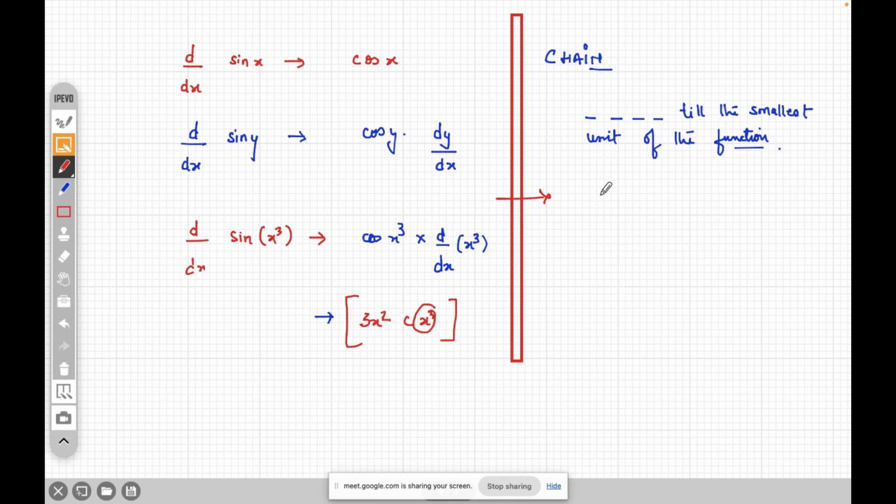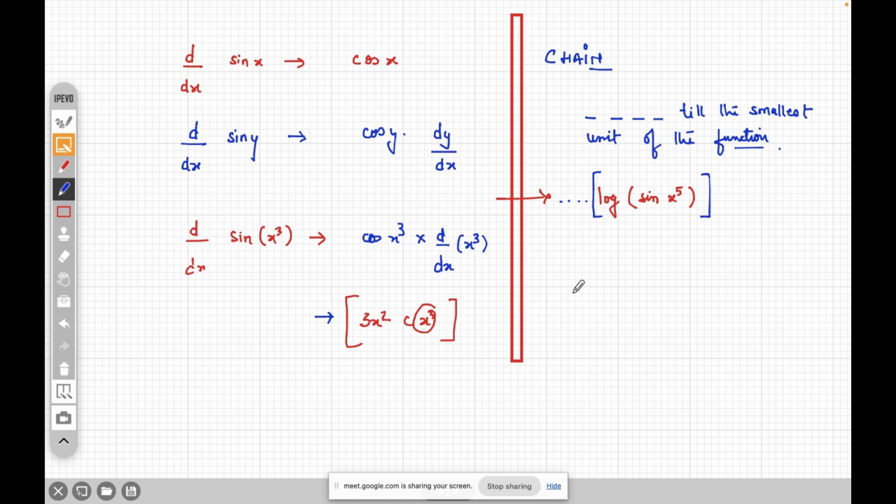Like for example, if I ask you what is the differentiation of log of sine x to the power 5, so you will say, sir, when you are running toward log, you first go and meet log. Yes or no? Why?